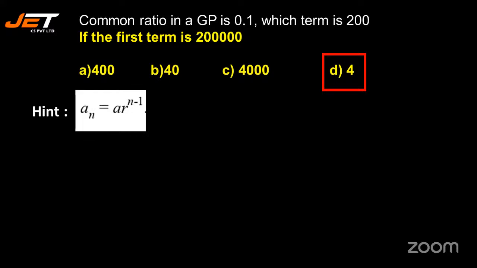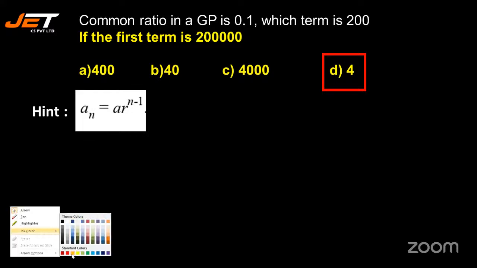So the common ratio is 0.1. Instead of 0.1, it can be written as 1 by 10. Okay. And your first term is 2 lakhs. Okay. And into R is 0.1 to the power n minus 1, which is equal to 200. All right, students. So the same way, let me just quickly explain it. Right.